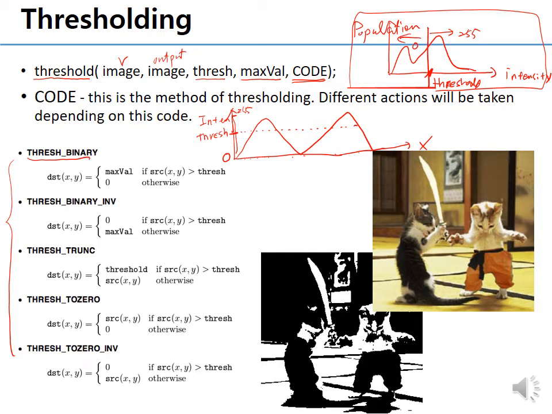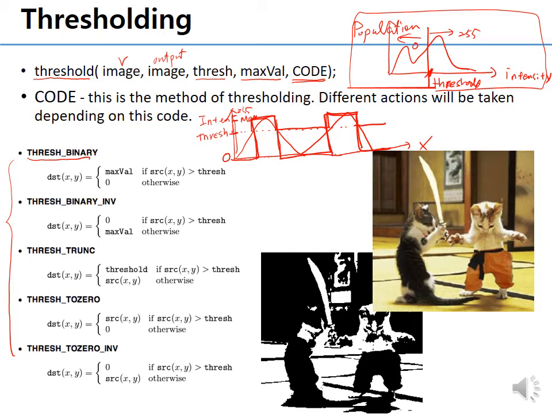We can set the maximum value, so this becomes this, and otherwise it becomes 0. Maximum value, 0. That is a threshold binary.